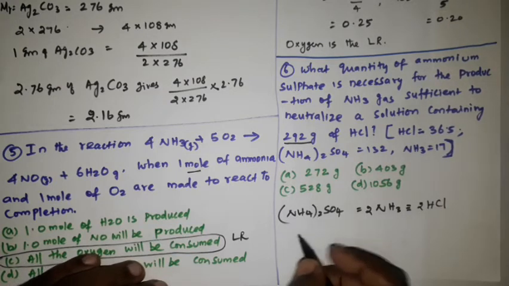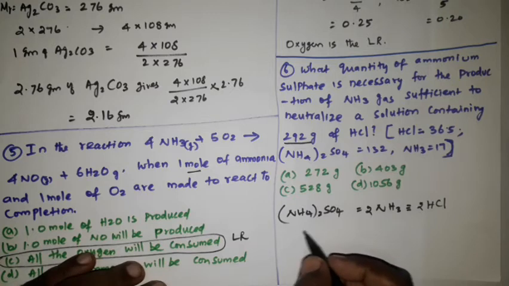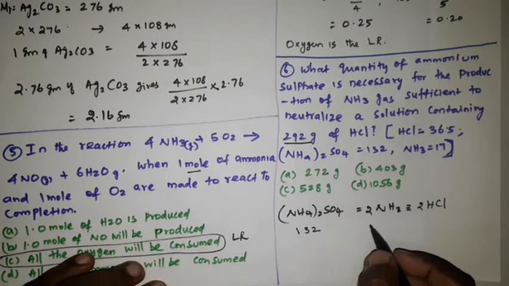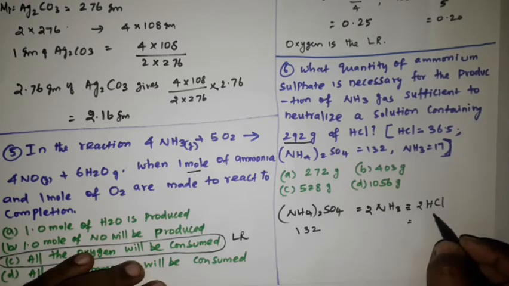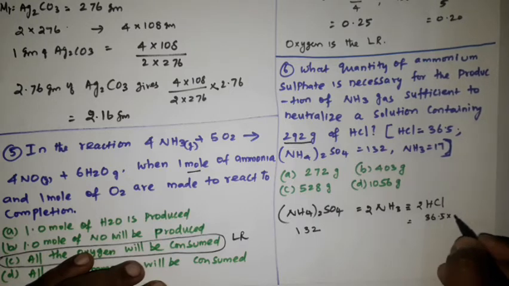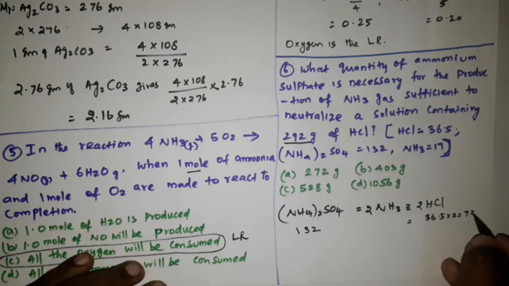Now calculate the molar mass, it will come 132 grams, and that HCl mass is 36.5 into 2, you will get 73.